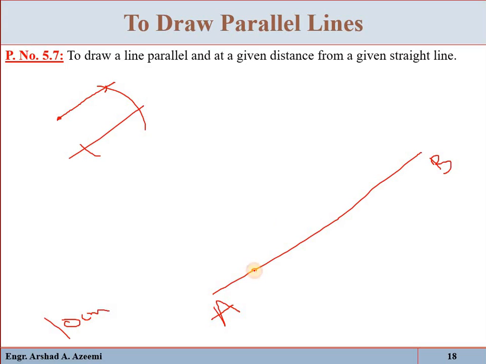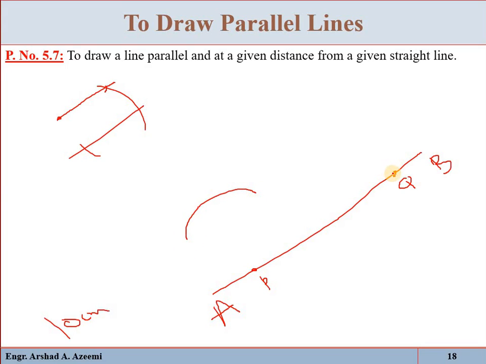So just take any two points on this line. Suppose this is point P and this is point Q. Take any two points on the given line. With center P and the given distance at which you have to draw the parallel line, for example 10 centimeter or X centimeter, draw here an arc.